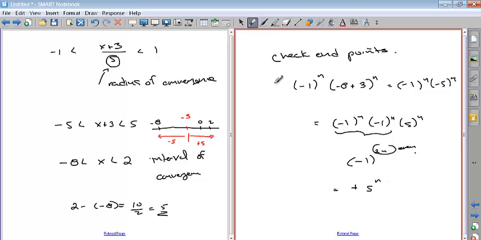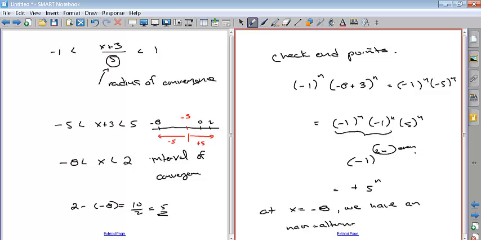Whereas when x equals 2, you get 2 plus 3, which is 5. So this is 5 to the n, and then you have a -1 to the n. Well, so we could say at x equals -8, we have a non-alternating series.